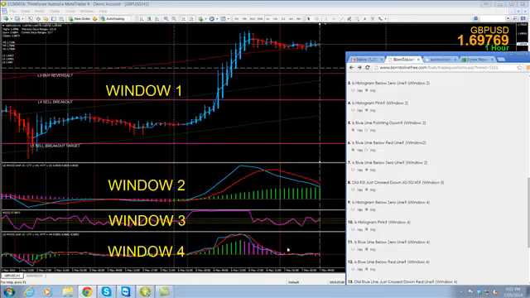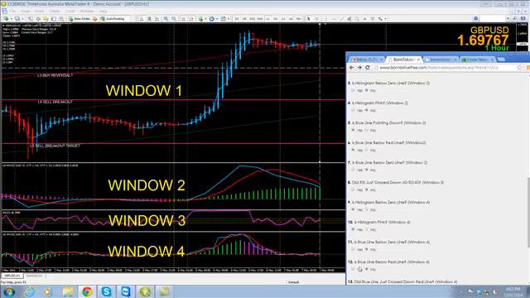Now we go to question 9, which is from window 4. Okay, window 4 is here. And the question is, histogram below 0? Yes. Is histogram pink? Yes. The blue line just crossed below 0?